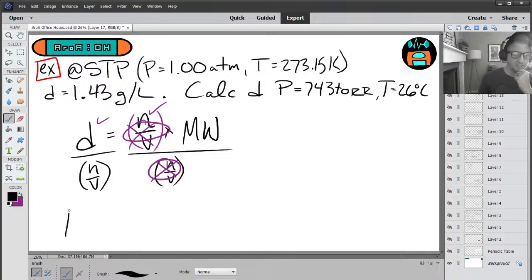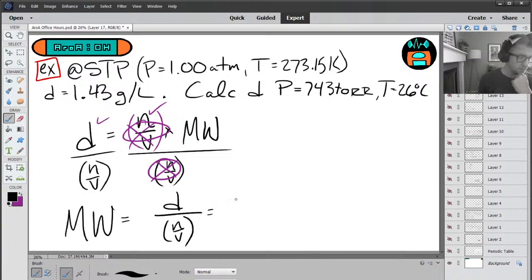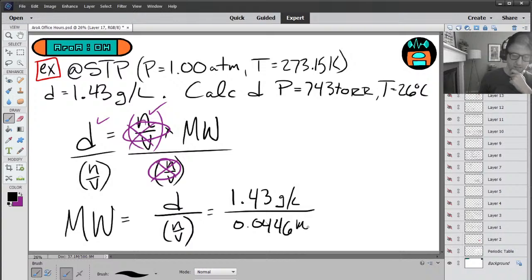So molecular weight is equal to our density over our mole to volume ratio. Our density is 1.43 grams per liter. Our mole to volume ratio is 0.0446 moles per liter.